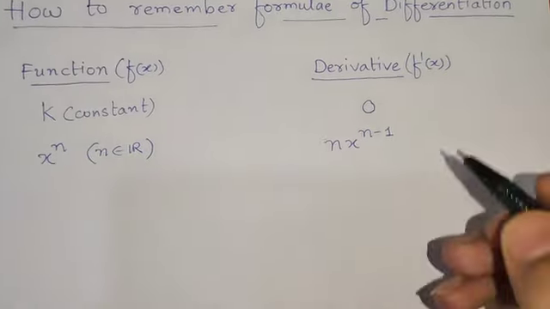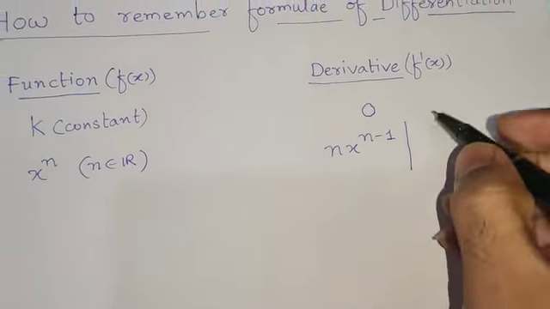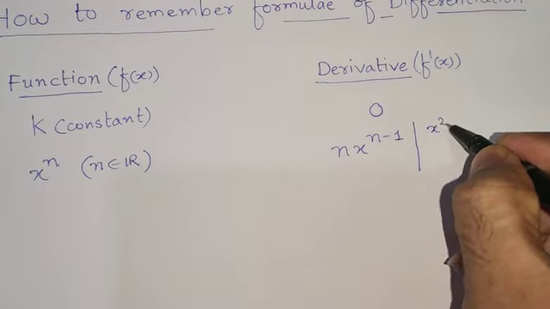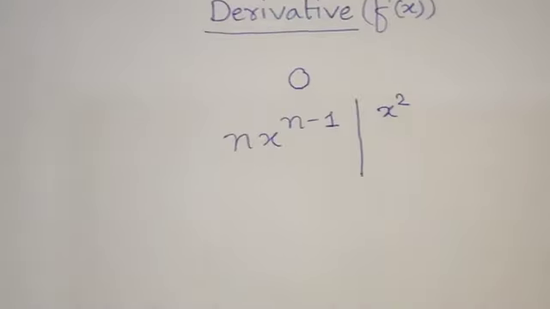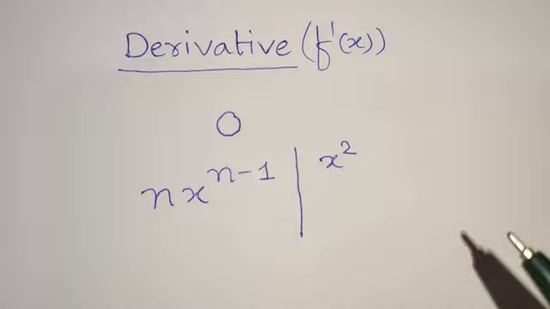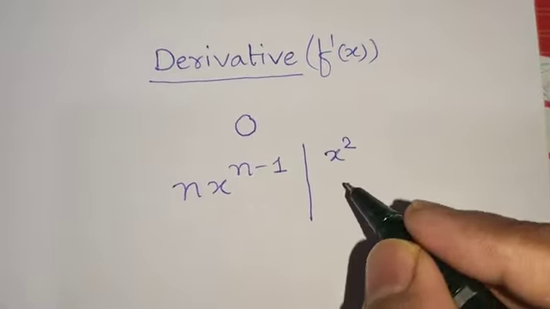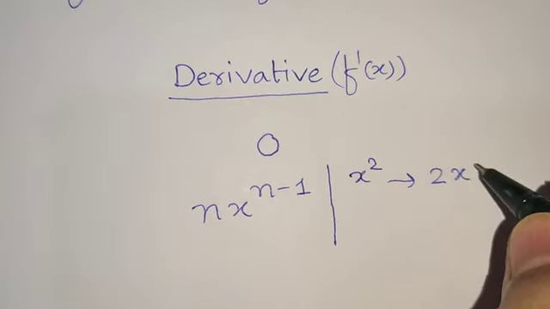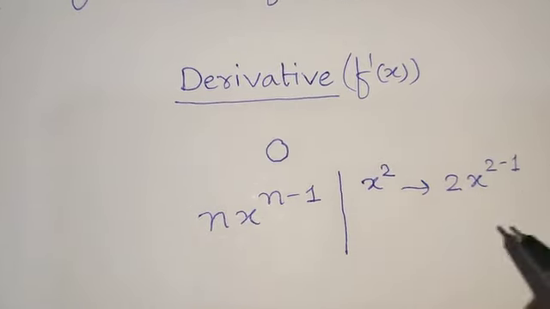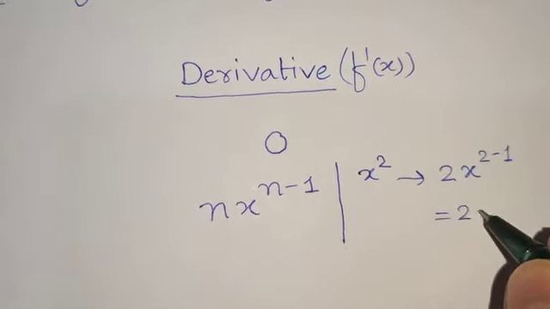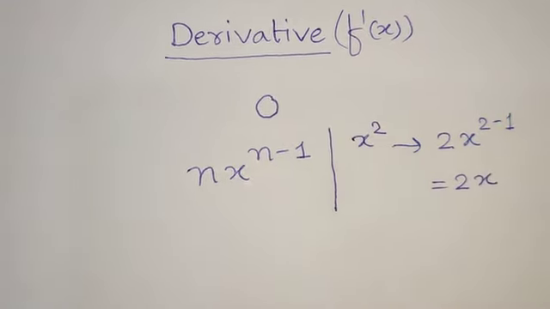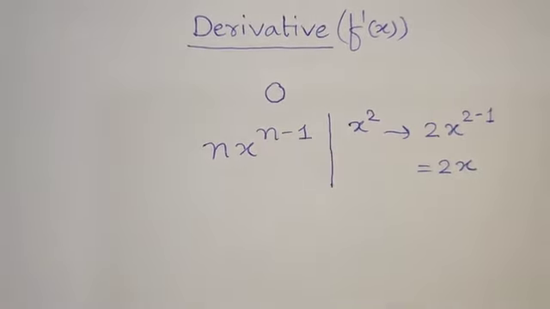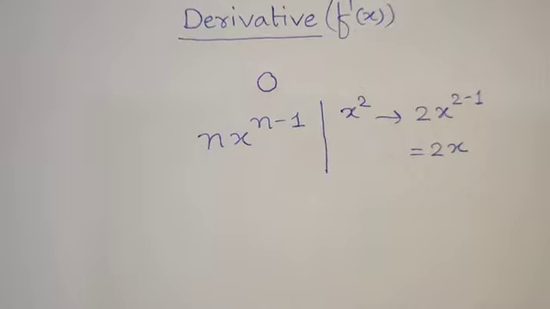Now let me give you an example here. Suppose we want to find out the derivative of x square. So here from the formula you can understand n is 2. So the derivative of x square is 2 x raised to 2 minus 1, which is equal to 2x, since 2 minus 1 is 1. The derivative of x square is 2x.